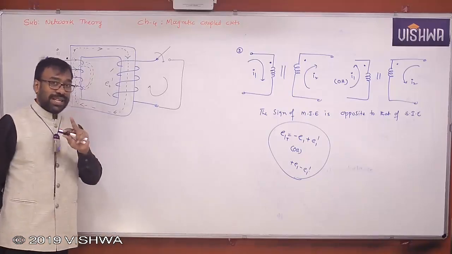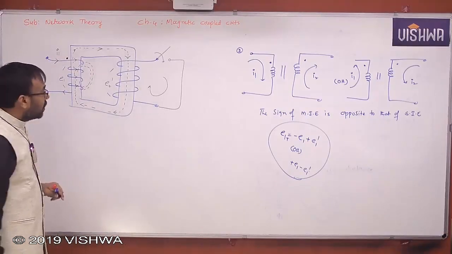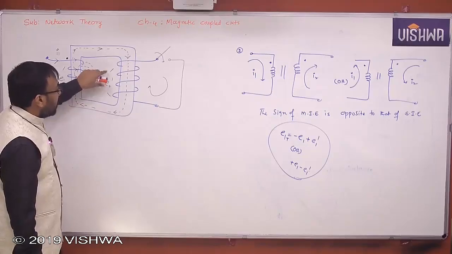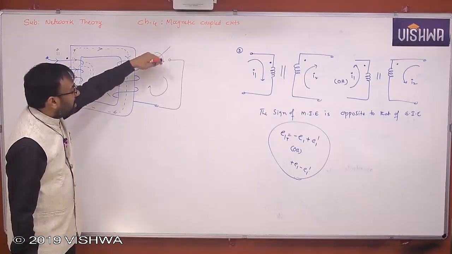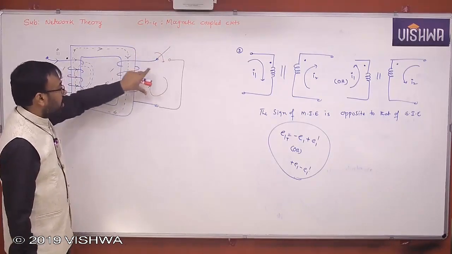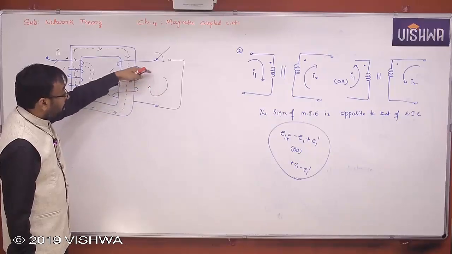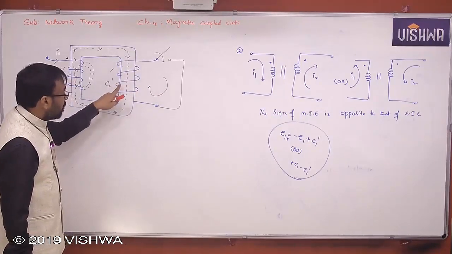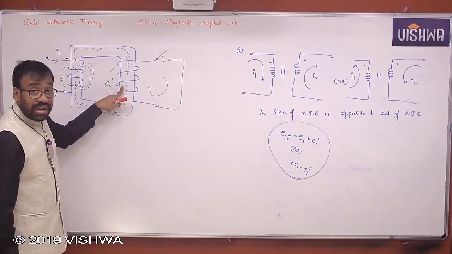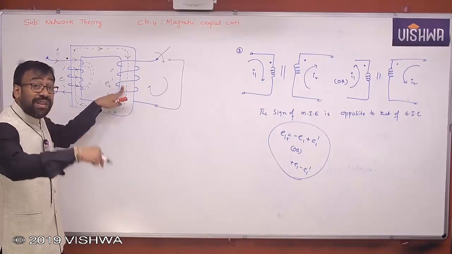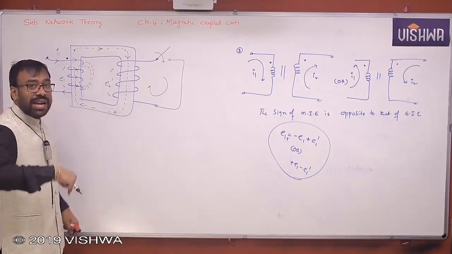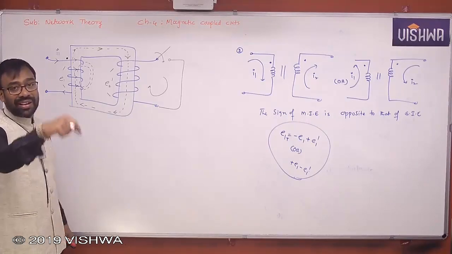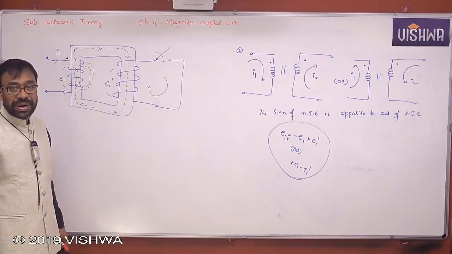I hope you understand the point. I intentionally did it like this. I know the EMF. If I arrange a closed path across the secondary coil, some current flows. Because of that current, definitely flux will be produced by this particular coil. Based on that flux direction, I identify the current direction in the coil.